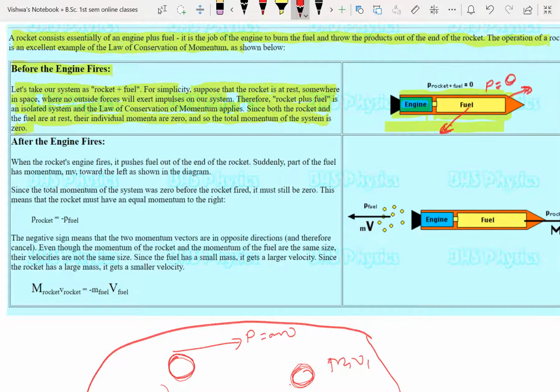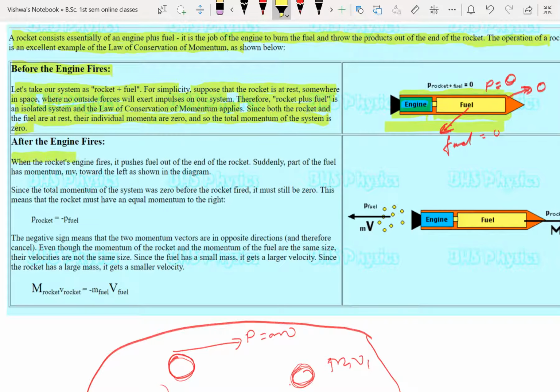With respect to the rocket, fuel is at rest. With respect to the fuel, rocket is at rest. The momentum of fuel is 0 and rocket is also 0. The total momentum is 0. Whatever happens, the total momentum should be 0 only, because according to the law of conservation, during the process the momentum does not vary, it is 0. So this is what we are using in the rocket system.